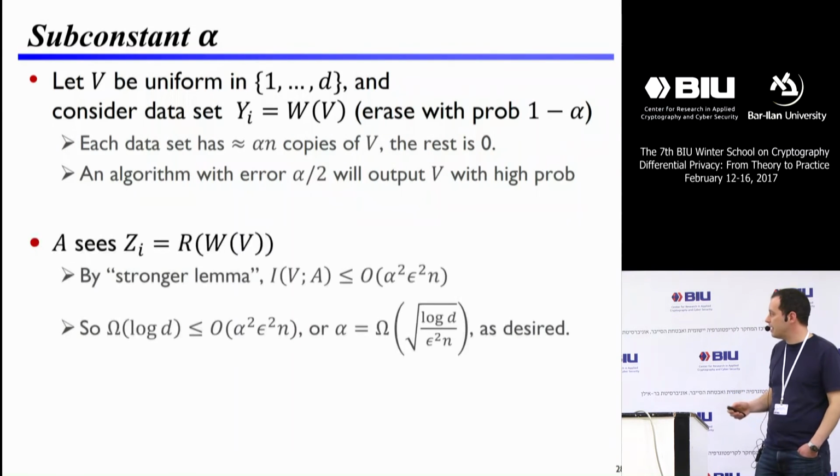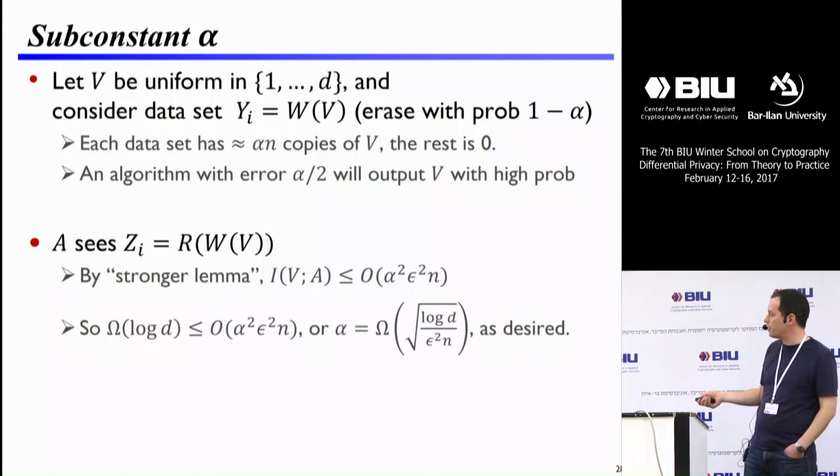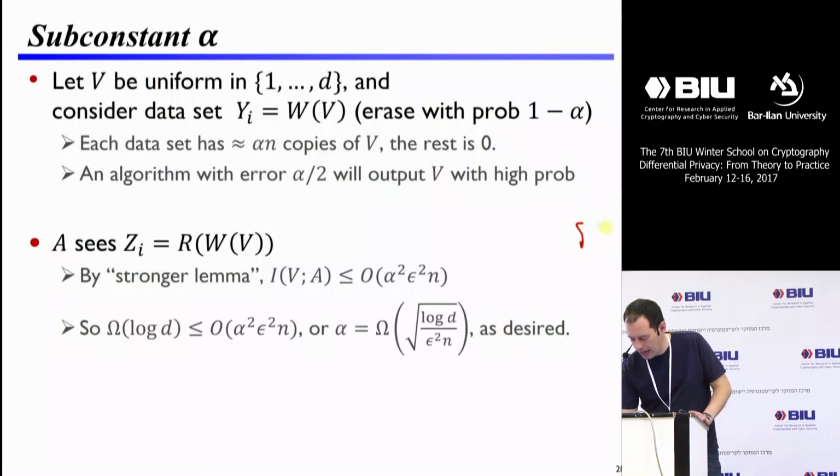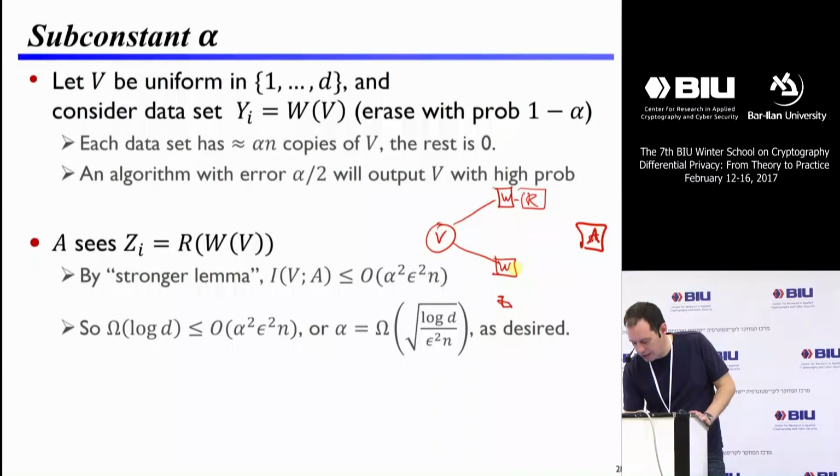And so now we're basically done. If we think about the view that the algorithm A has of this data set, here's V over here. V is being passed through the composition of W and R before being sent to A. And again, the R's can vary. That's fine.